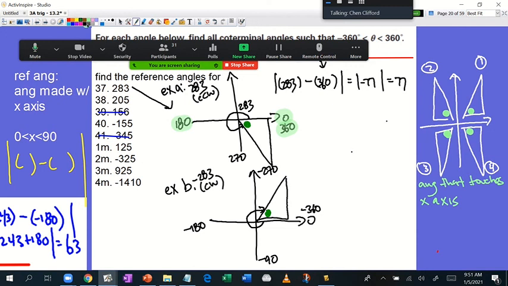Believe it or not, we're almost done. Now, I'm going to draw this template that I always draw. And again, the negative 283, you can put anywhere. You can put it in this parentheses or you can put it in that parentheses. It does not matter. I'm going to put it this time in the second parentheses just to show you that it doesn't matter.